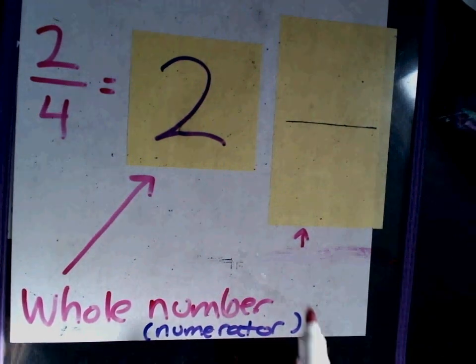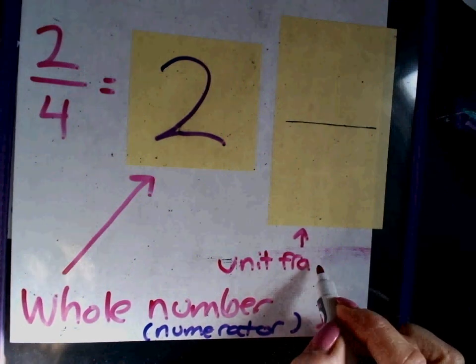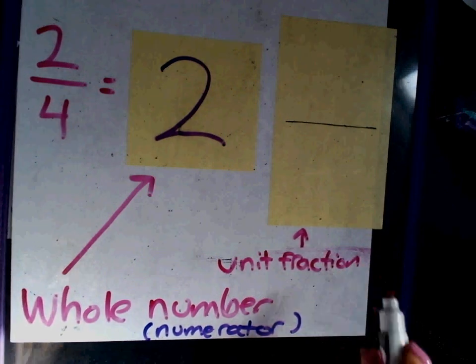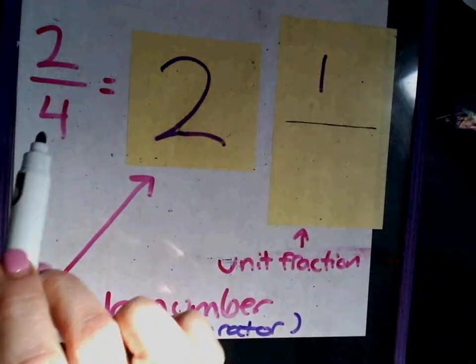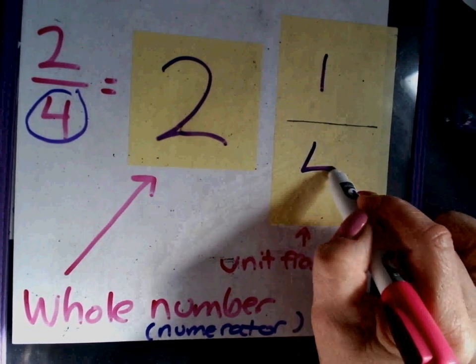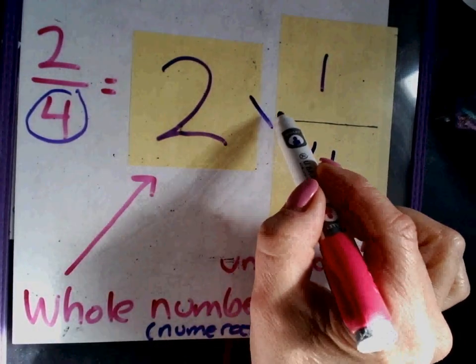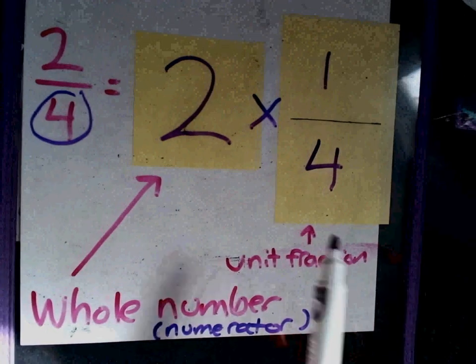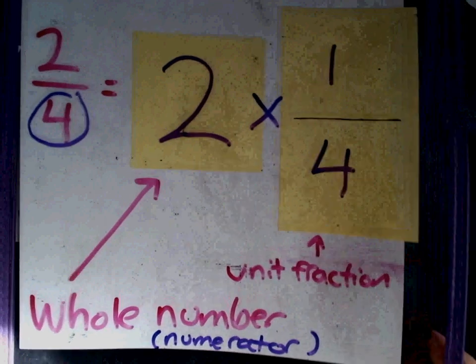That's kind of hard to see, so let me rewrite that for you. Unit fraction. Remember, with any unit fraction, your numerator has to be 1, and you're going to look at what the denominator was, 4, and it's going to remain 4. So this means I have 2 copies times 1/4. So 2 copies of 1/4 or 2/4.